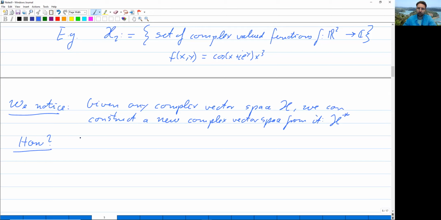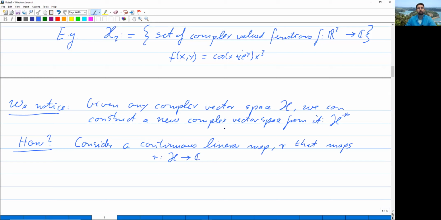Well, consider a continuous linear map. Let's call it R, that maps elements of H into complex numbers.